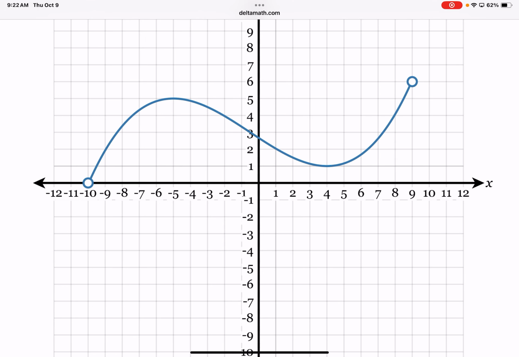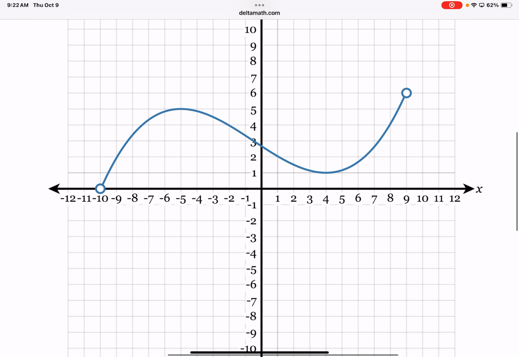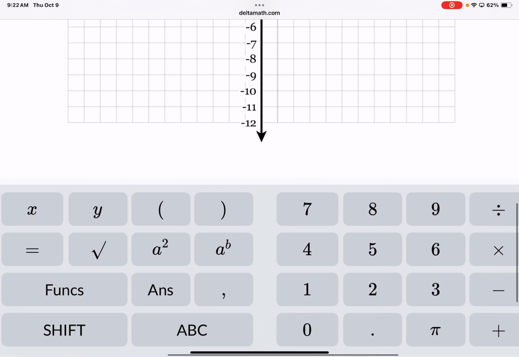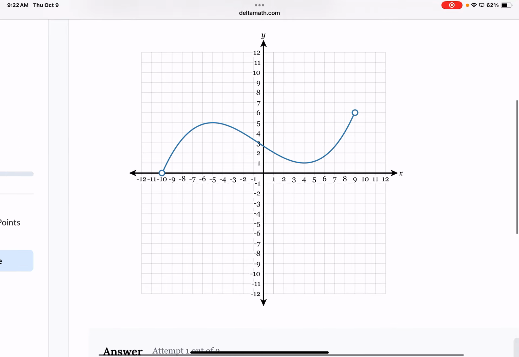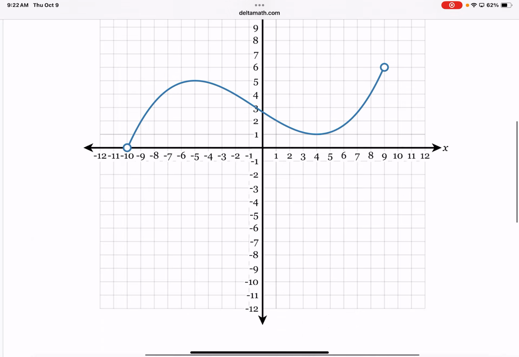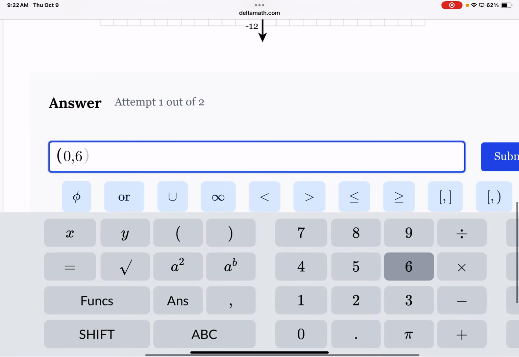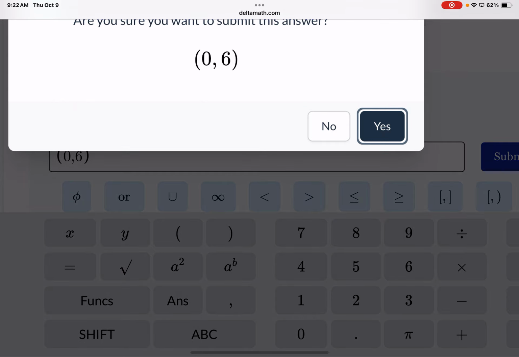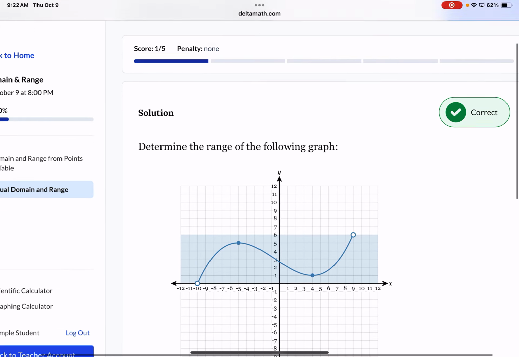So it's going to go from 0 with an open circle, which means parentheses. So we're going to do parentheses 0, comma. All right. What is the tallest this graph ever gets? 6, which also has an open circle, so that means parentheses. So 0 to 6. And that is what we do.